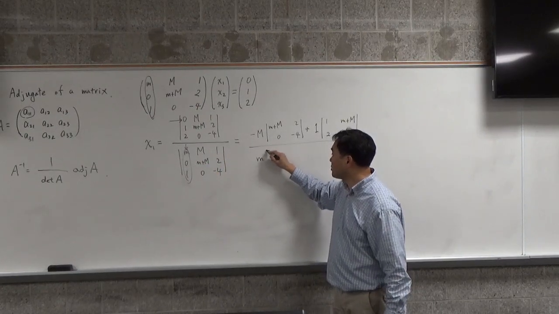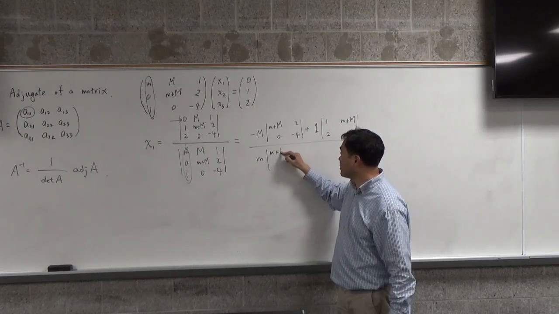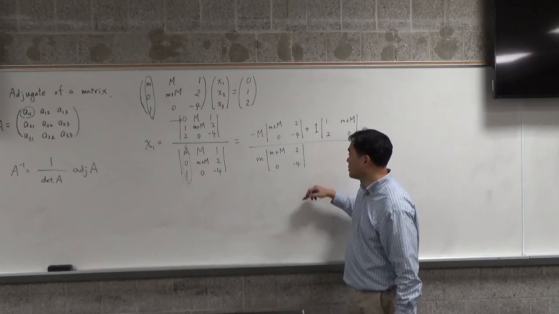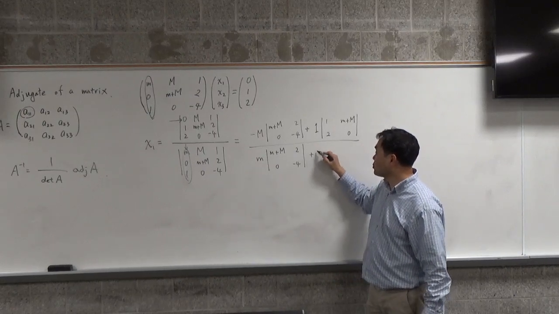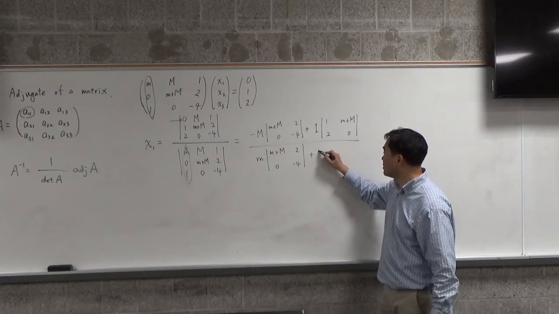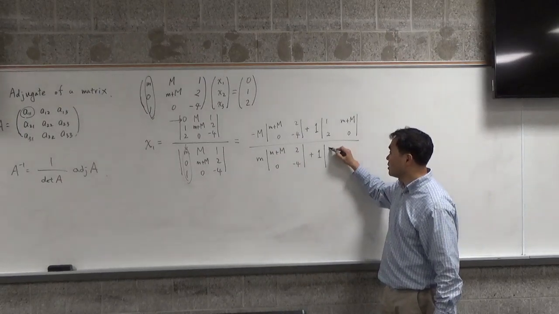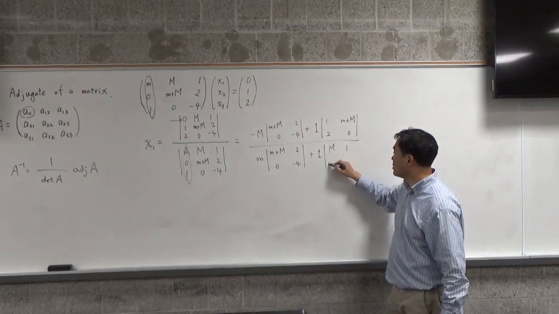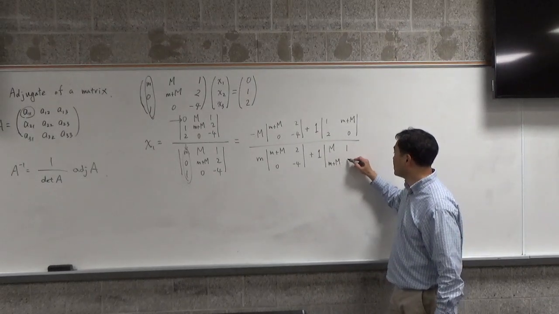So m times the determinant of m plus M, 2, 0, negative 4. And then plus, the zero doesn't count, so it's plus 1 times the determinant of capital M, 1, m plus M, and 2.